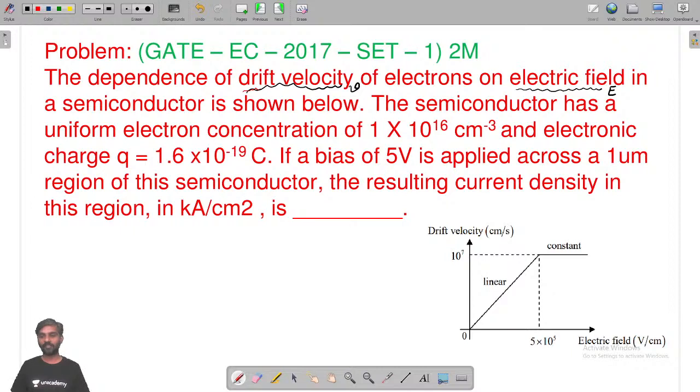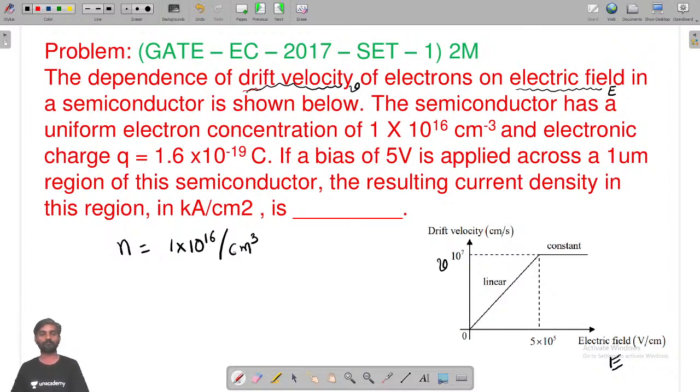So what is it saying, sir? This is electric field E, and this is velocity V. This is a diagram. The semiconductor has a uniform electron concentration N, N is equal to 1 into 10 to the power of 16 per centimeter cube.